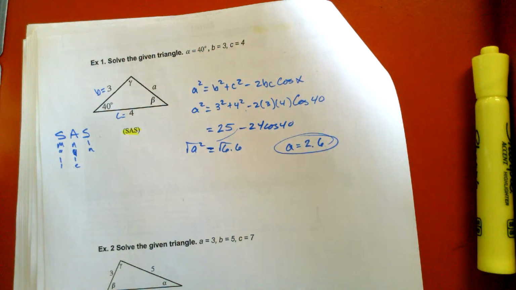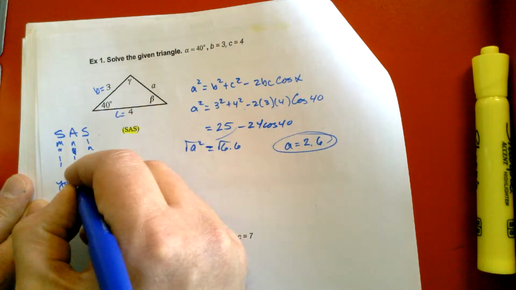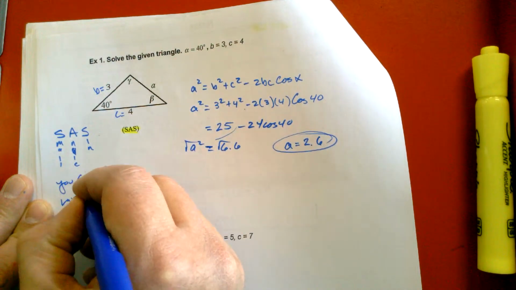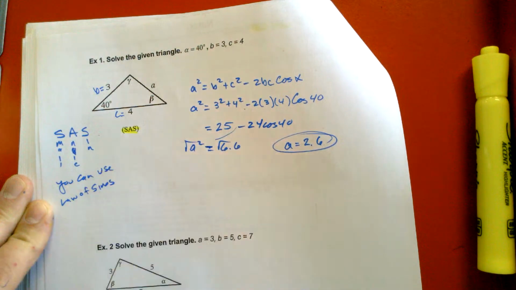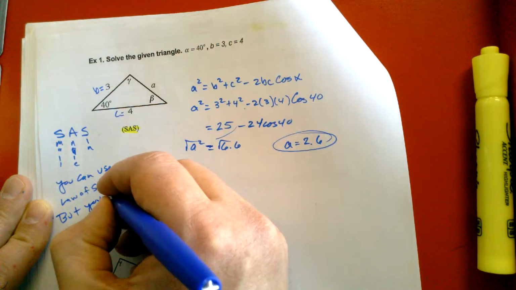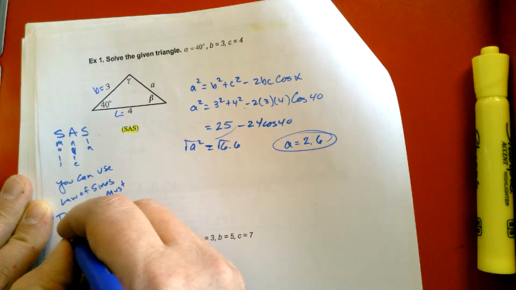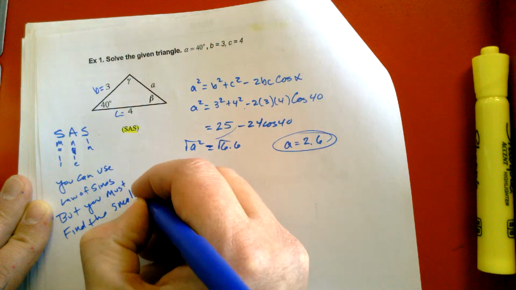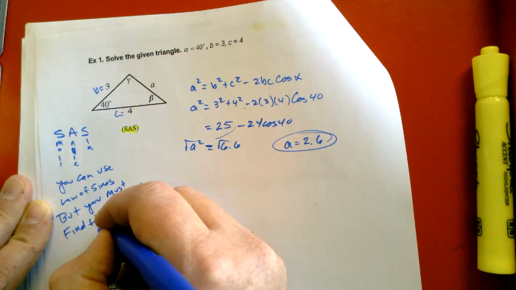So again, if you want to switch to law of sines, you must find the smallest angle.